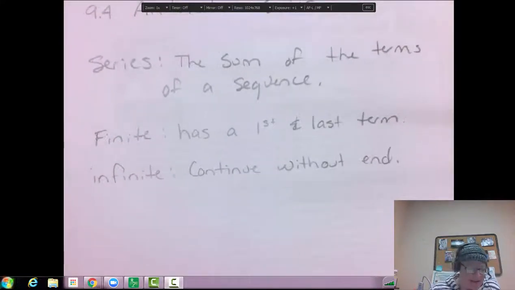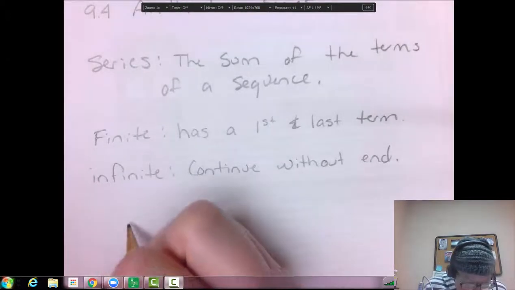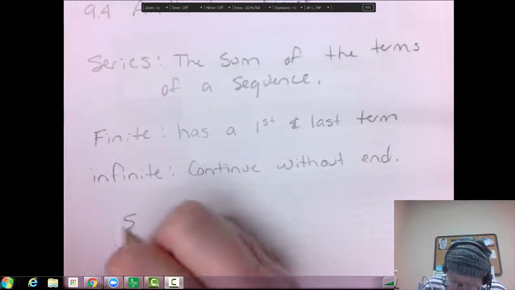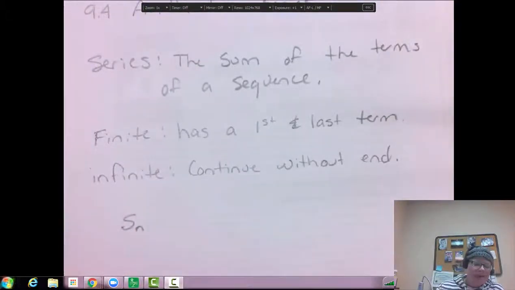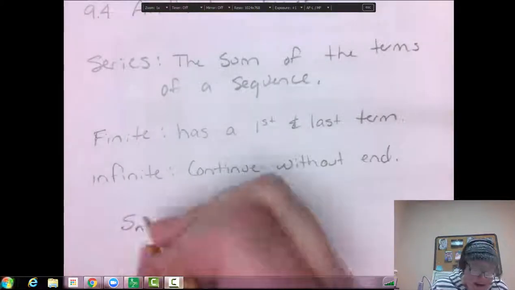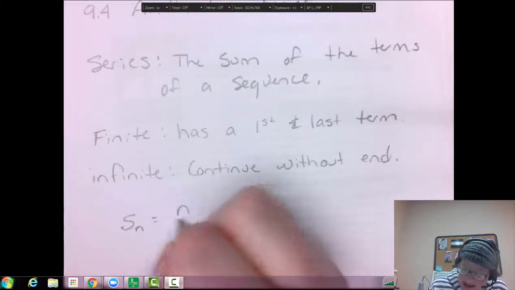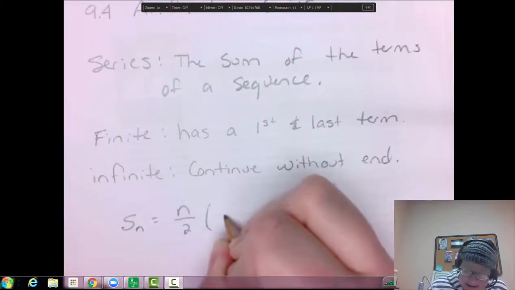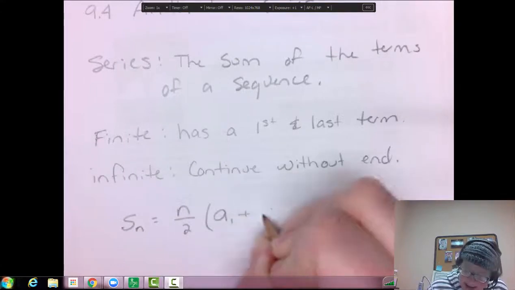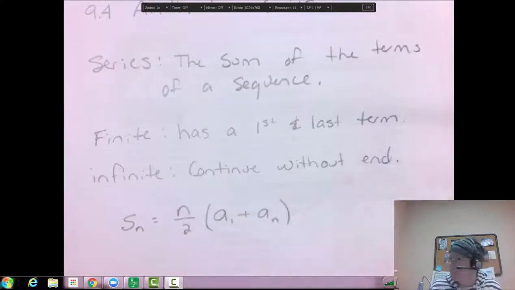When we look at the sum of a finite series, we have an equation for it. The sum is S sub n equals n divided by 2, times a1 plus a sub n.